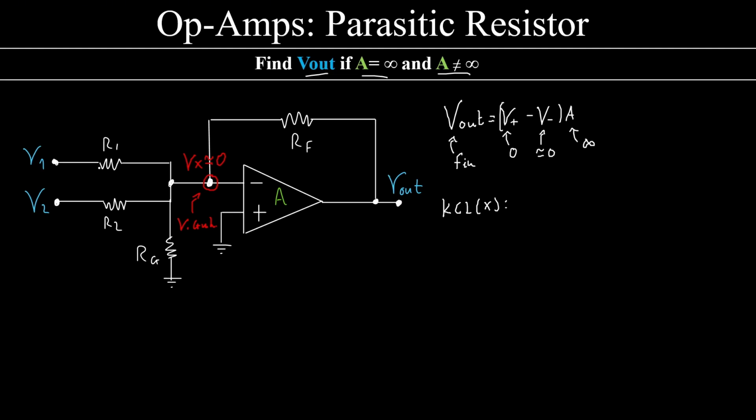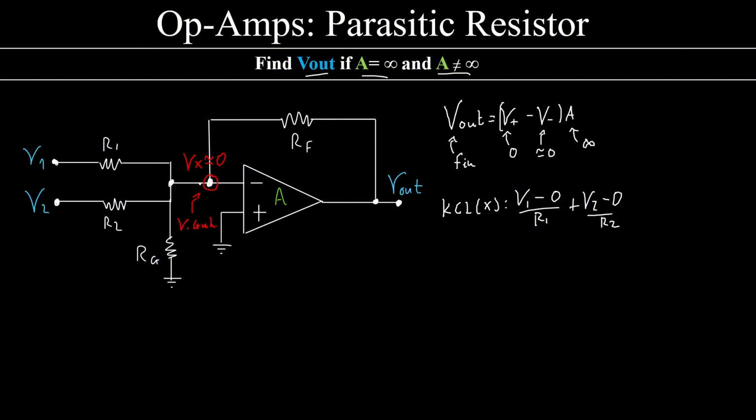So, how much is the current that flows from V1 all the way to here? Should be V1 minus 0 over R1. Remember, Vx is close to 0. Plus, the same for V2. Plus, is there any current flowing from this parasitic resistor from the ground all the way to here, or the opposite way?